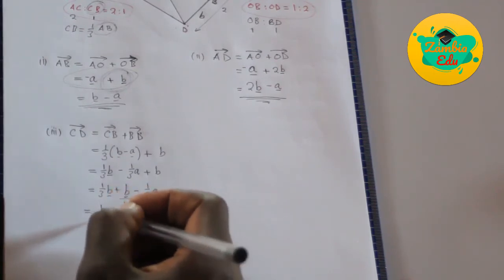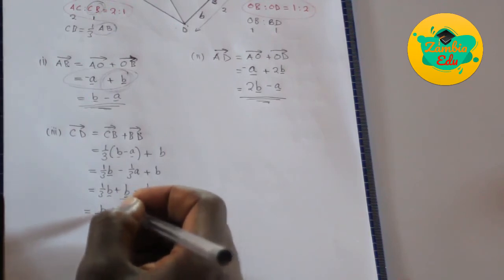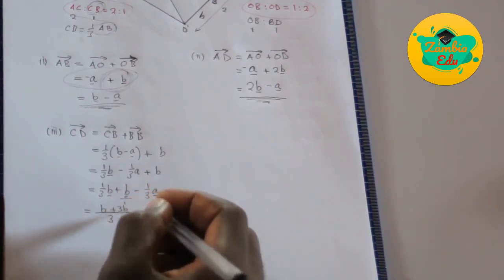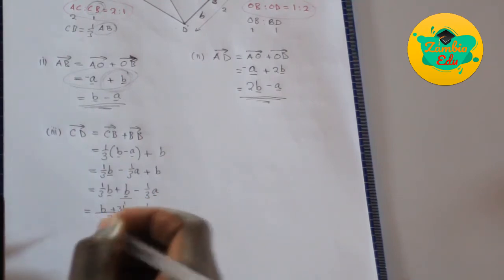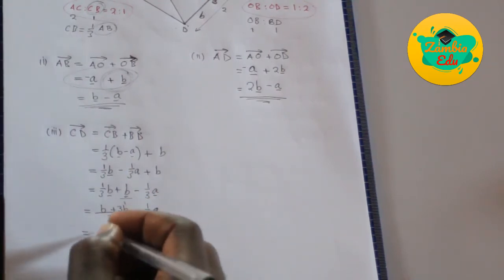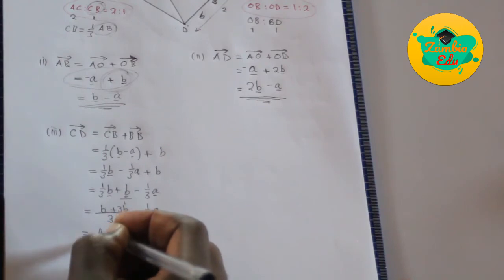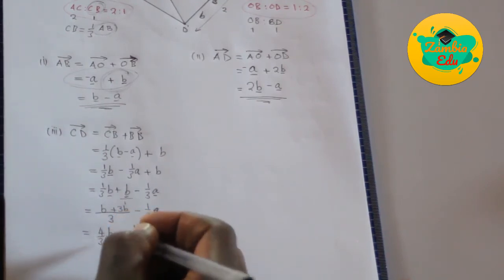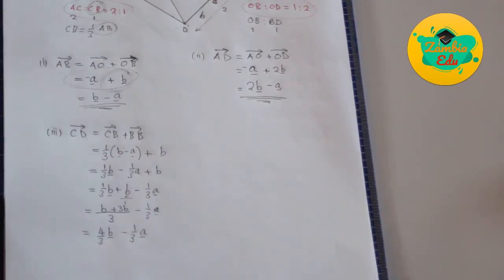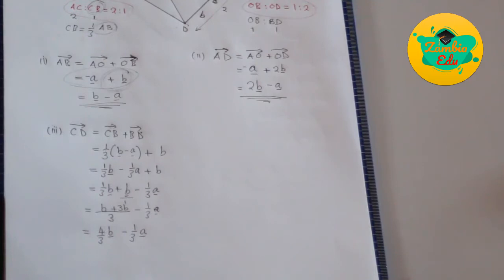Plus 1 into 3 times b, it gives us 3b. Minus 1 over 3a. So that is going to be equal to 4 over 3b minus 1 over 3a. That is what we are going to get as our answer.